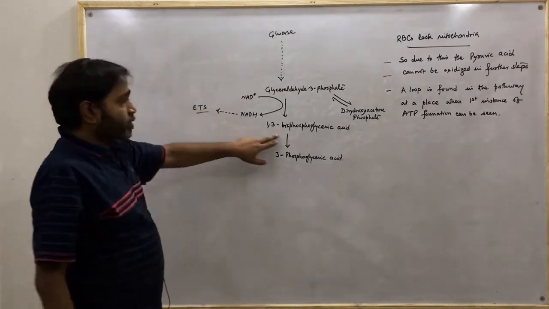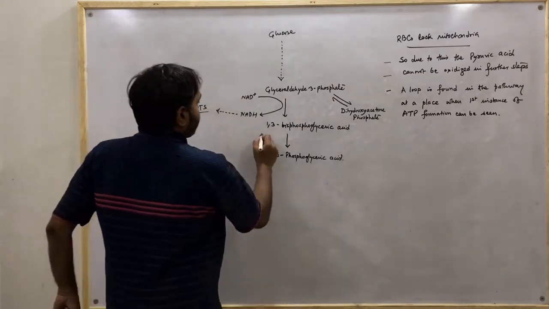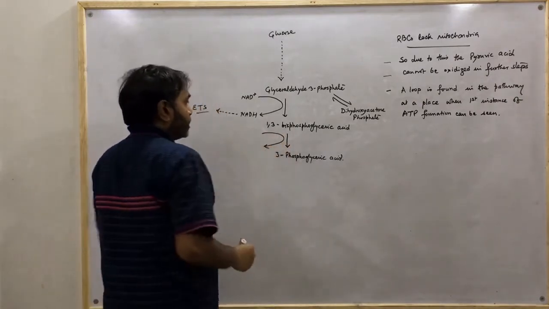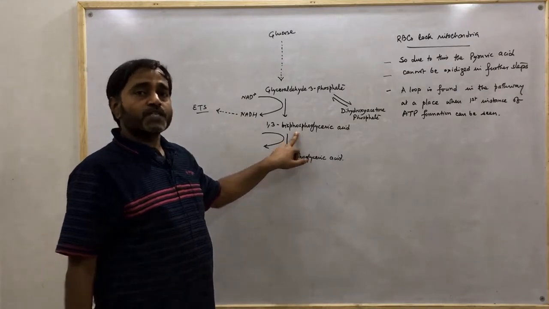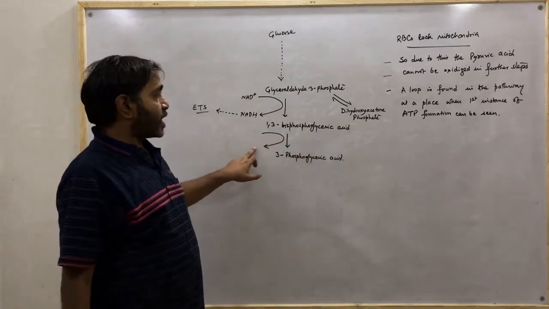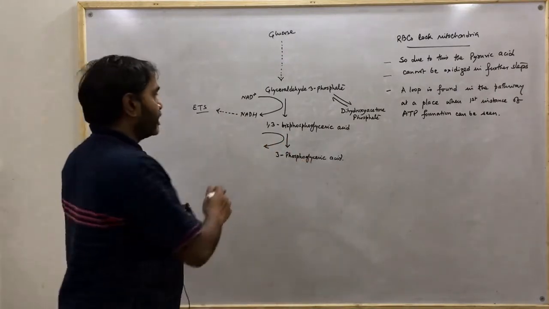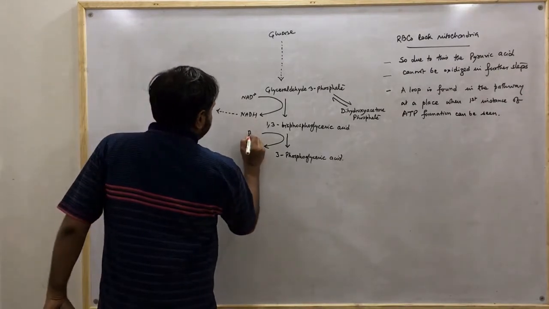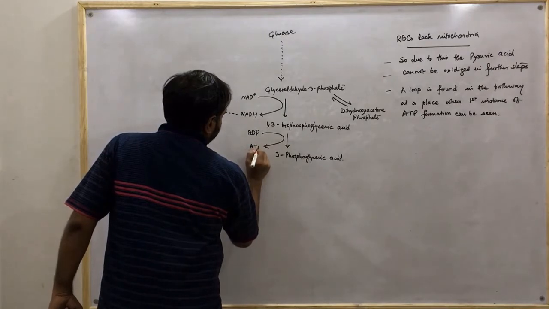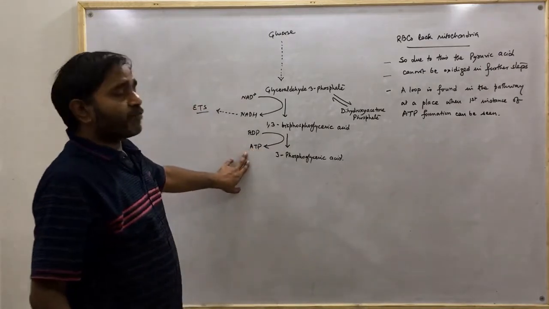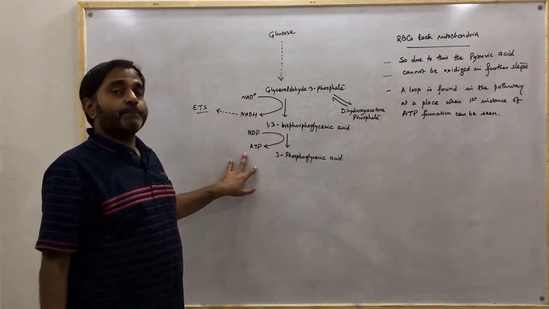And also in this step, the phosphate from the first position of bisphosphoglyceric acid is transferred to an ADP molecule, and ATP will result. So this is the first instance where ATP is formed.